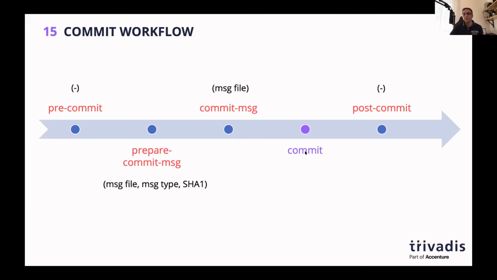And then everything is committed. And then afterwards, you have the ability to do something else, but this hook is not really suited to amend the commit. So what's also important to notice is that the pre-commit hook does not get any parameter. So if you want to find out what to do, you have to ask, hey, what's the difference from what is in the staging area and so on. So no parameters, you have to find out based on the environment what to do.